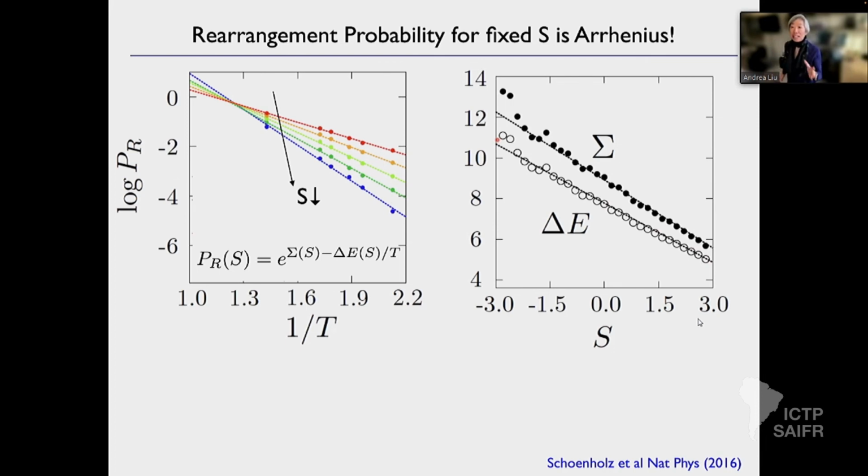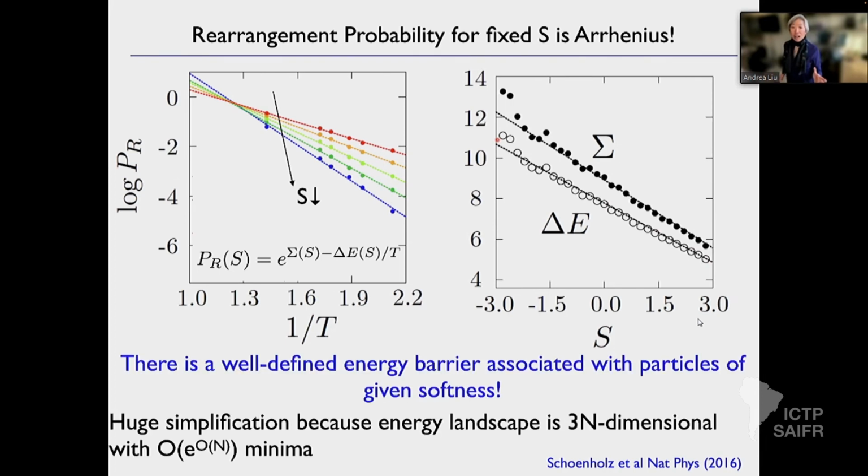Okay, but this is amazing because we can now pull out something about the energy landscape. Remember that energy landscape was high-dimensional, with e to the order N minima, but now I can pull out information about the energy barrier that particles are actually traversing when they have a rearrangement. That's delta E, okay?